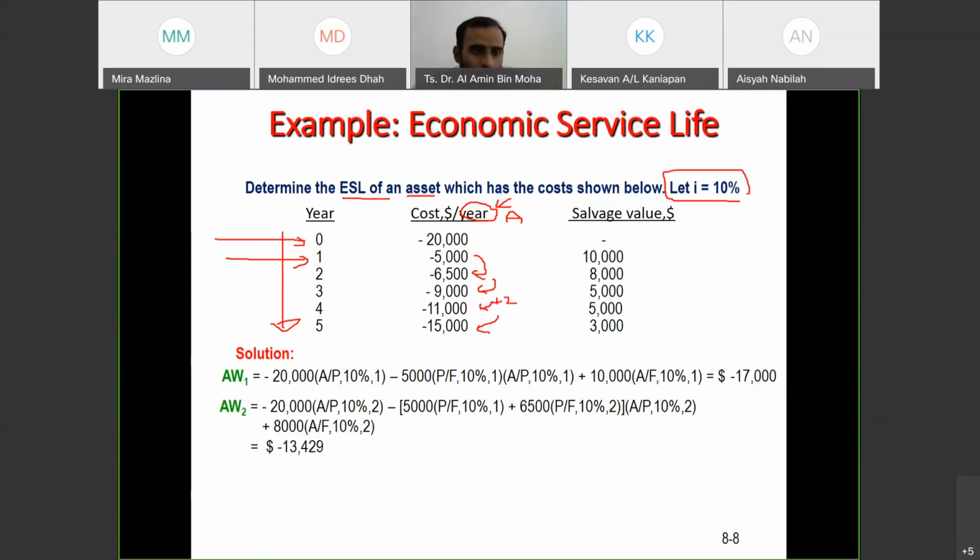So what we are going to do is calculate the AW for year 1. What information do you need? Year 1, this one, and this one. So you calculate the AW.